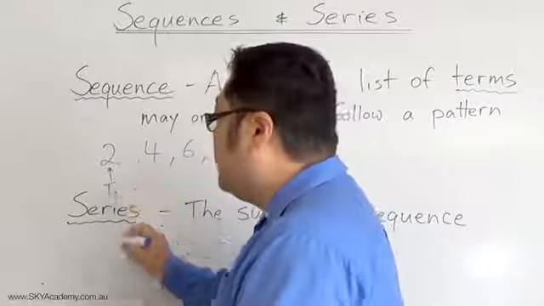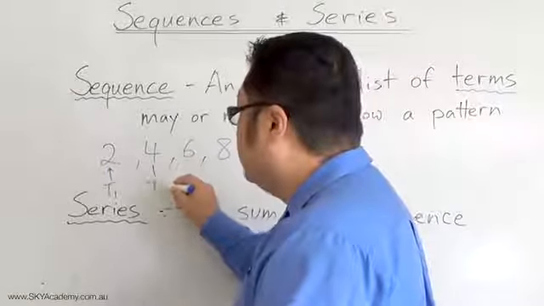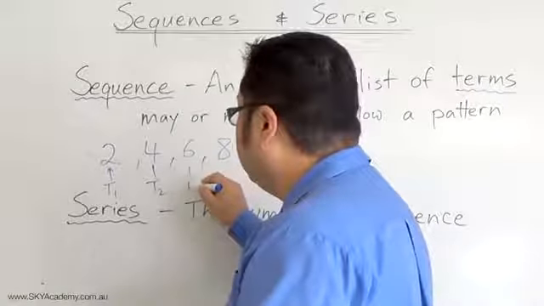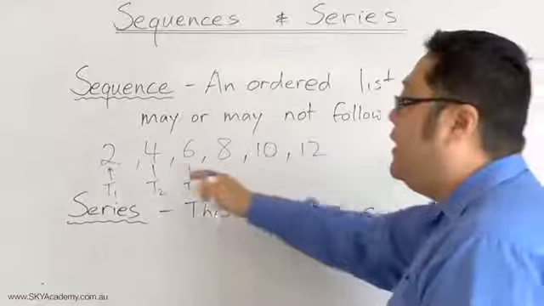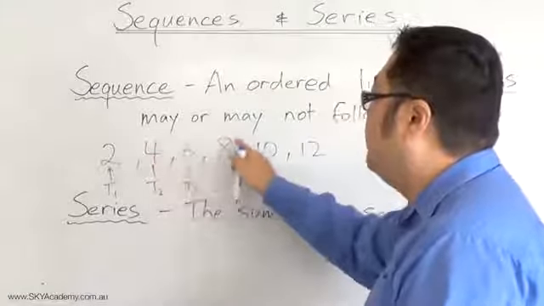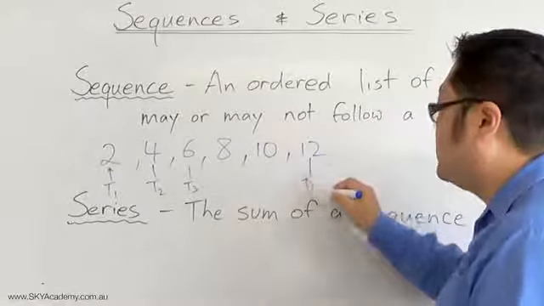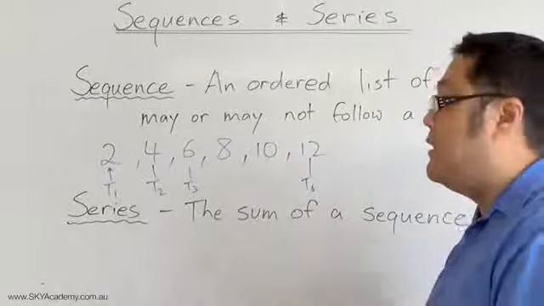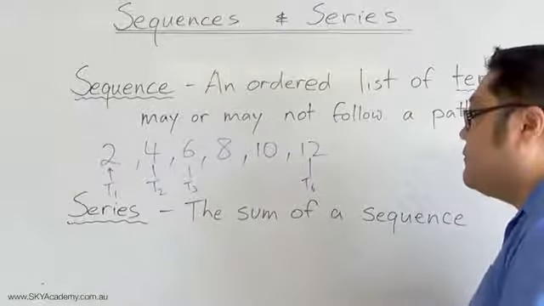So this is T1 because it's the first term. This is T2. T3 would be 6. T12 would be 12, so counting 1, 2, 3, 4, 5, 6, it would be T6 because it's the 6th term in the sequence. Does that make sense? Beautiful.